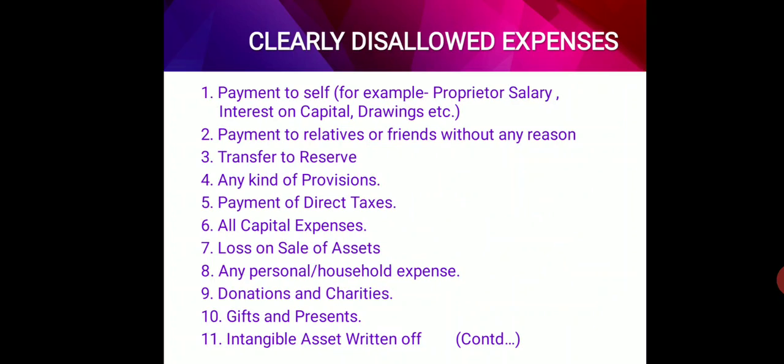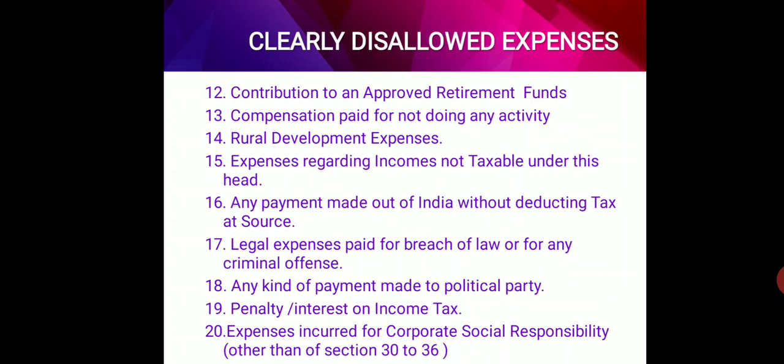Also, any donations and charities, gifts and presents, goodwill written off, contribution to an approved retirement fund, compensation paid for not doing any activity, rural development expenses, expenses regarding incomes not taxable under this head will also be disallowed.